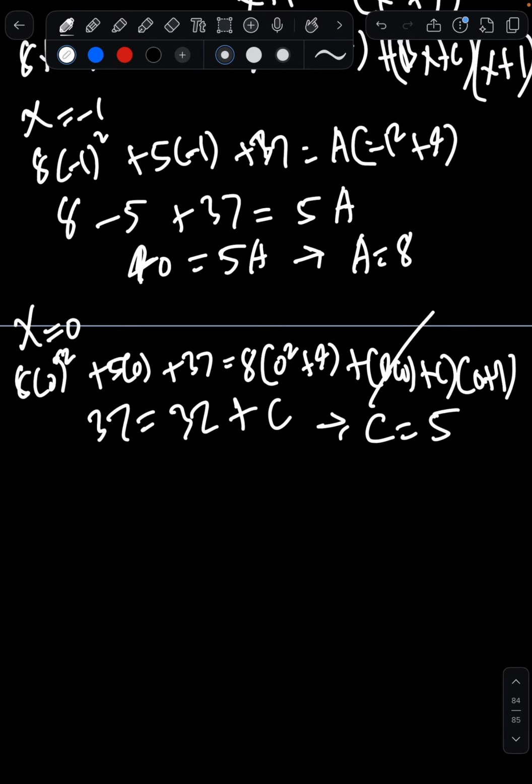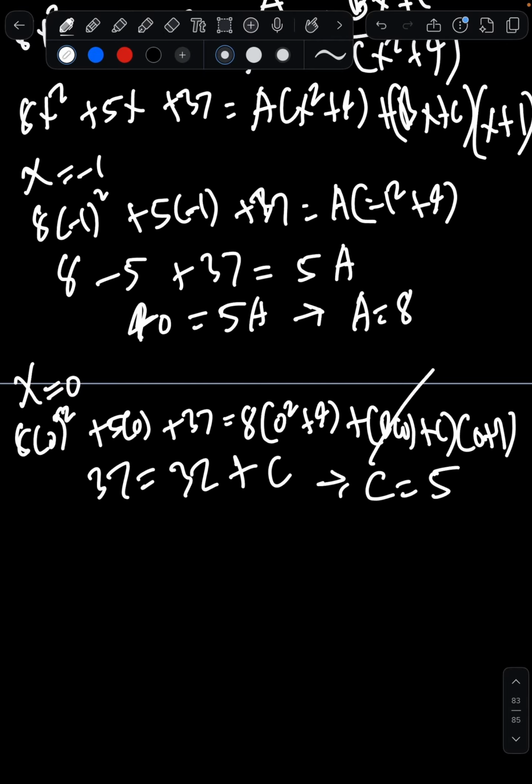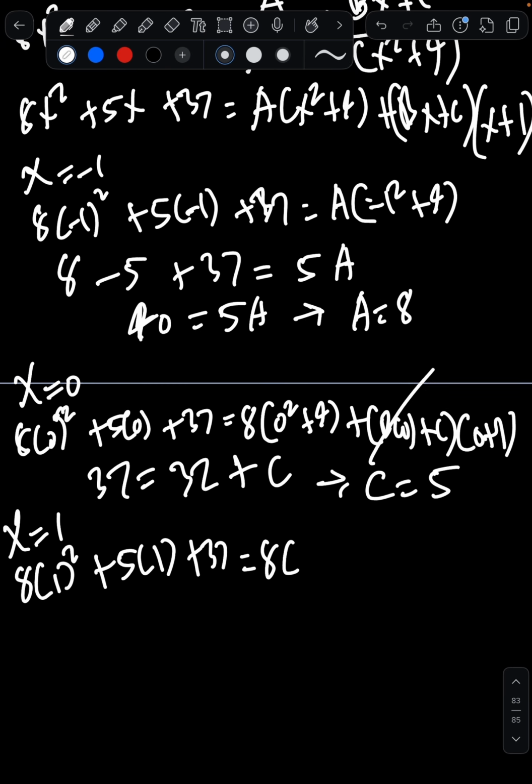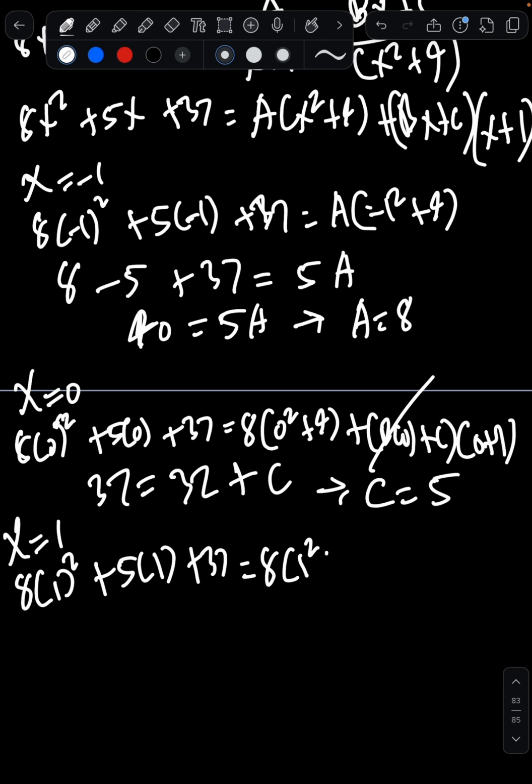Now all we have to do is find B, and we can let x equal anything as long as B doesn't cancel. So let's let x equal 1. If we do that, we'll have 8 times 1 squared plus 5 times 1 plus 37 is equal to 8 times 1 squared plus 4, plus B times 1 plus 5 times 1 plus 1.